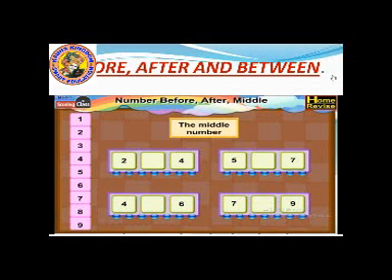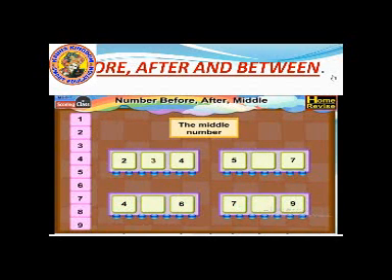So we have to find the number which comes between number 2 and 4. Let's begin with counting. 1, 2, 3, 4. So the number which comes between 2 and 4 is 3, which means the middle number is 3.